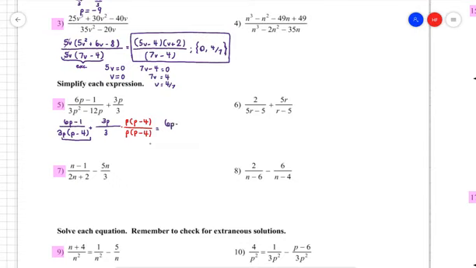The 6p minus 1 over 3p times p minus 4 will stay the same, plus then we've got 3p times p, which is 3p squared, times p minus 4, and then on the bottom we've got 3 times p, so 3p and p minus 4.